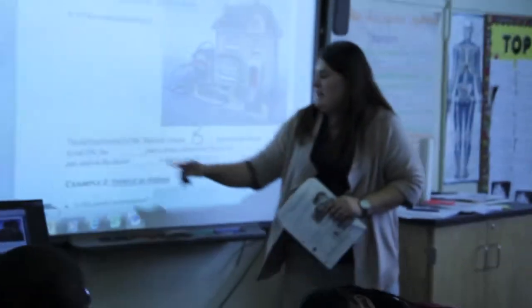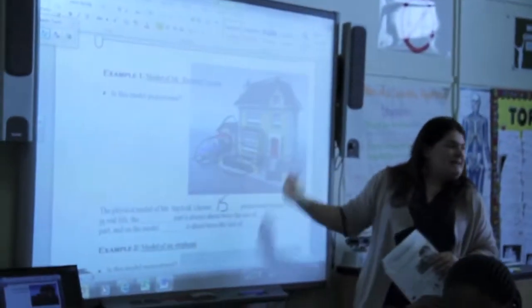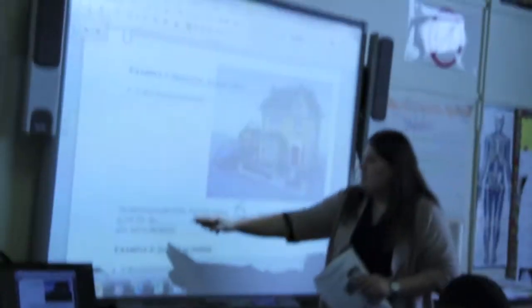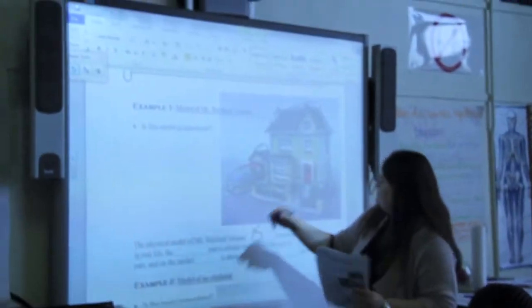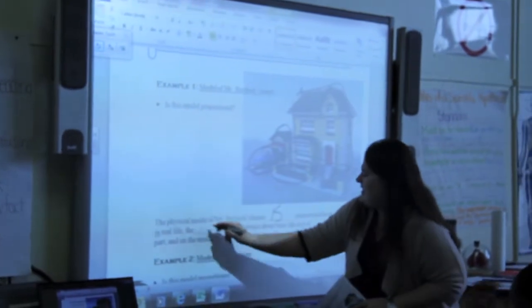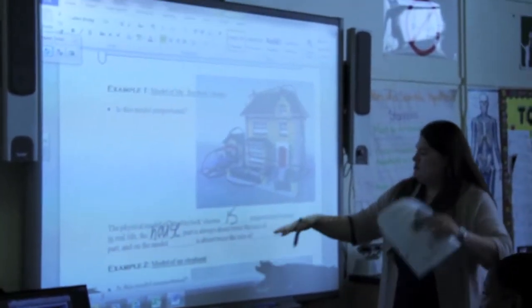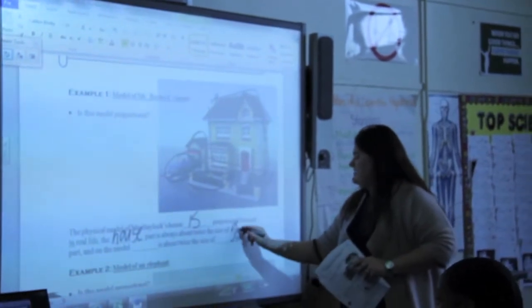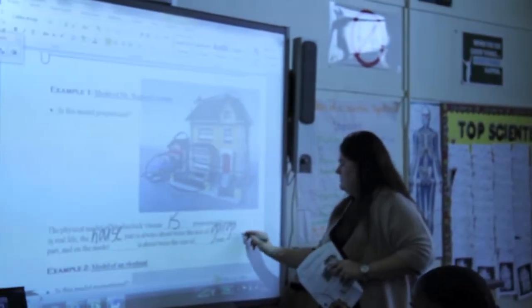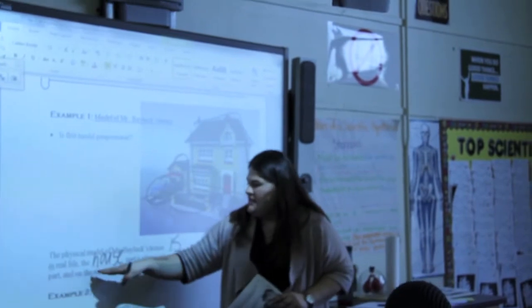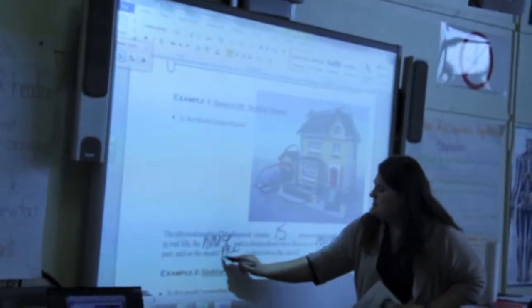Because in real life, and you can pick any of the examples we gave, okay? In real life, the house part is always about twice the size of the garage part. And on the model, the house is about twice the size of the garage.